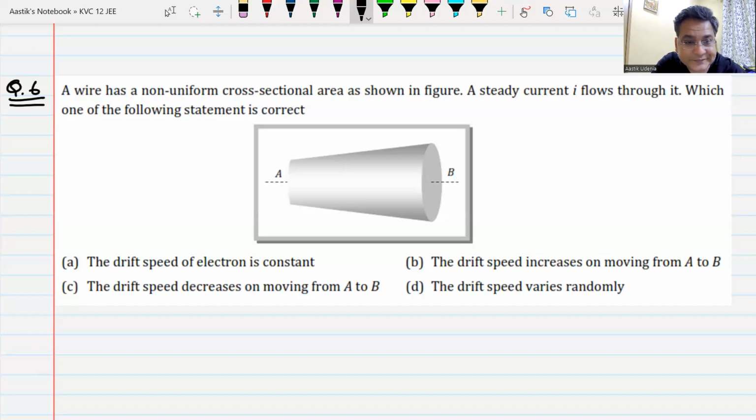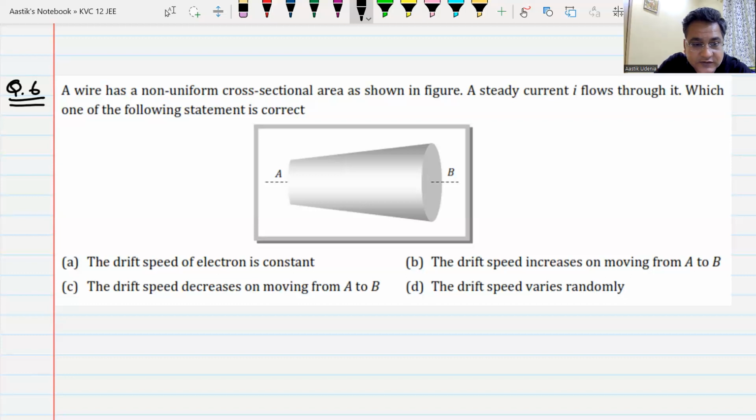So much we have to think. The question is very simple. Oh, sorry, drift speed we have not read up till now, so we cannot solve this question right now. I did not see whether this question was about drift speed. My apologies.